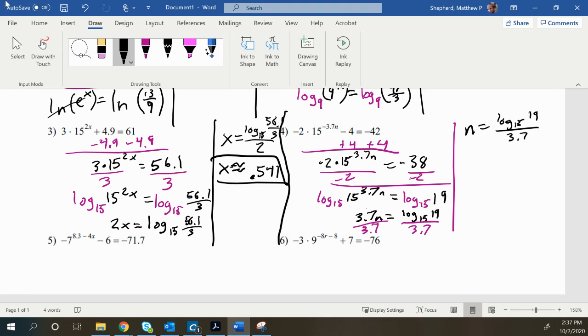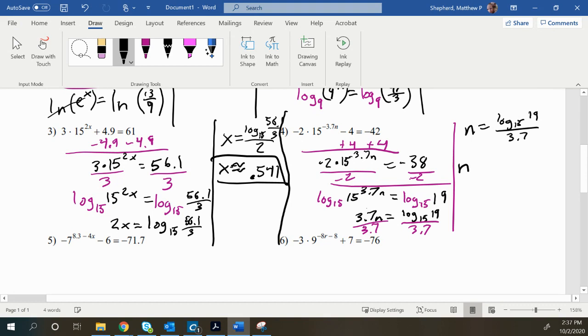Now that answer right there is what we call the exact answer. A lot of times when dealing with log, you're going to get an answer that we approximate, just like what we've been doing. I've been simplifying all the decimals that we've gotten, and that leads to an answer that is not exact. It's a rounded answer.